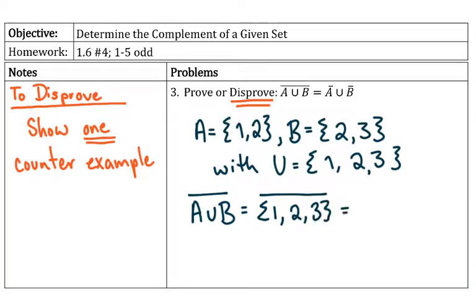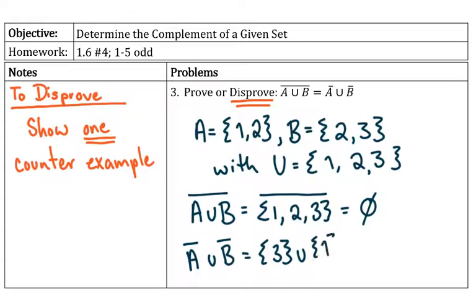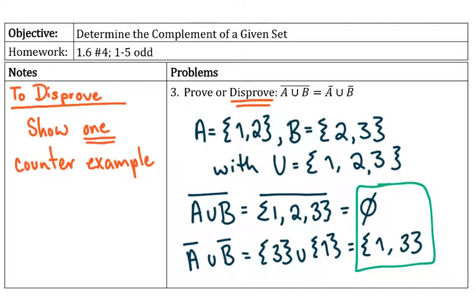The complement of that, given the universal set, is empty, versus the complement of A, which is {3}, union the complement of B, which is {1}, giving us the set {1, 3}. Since these two are not the same set, we have disproven this proposition.